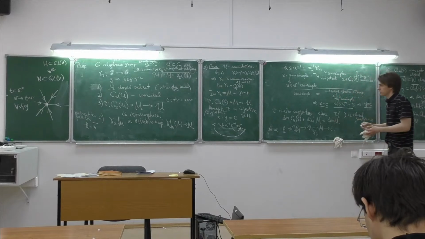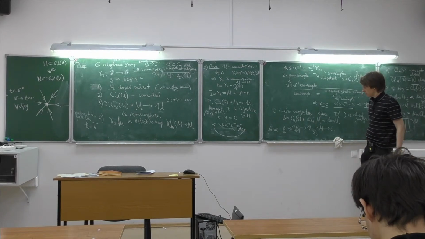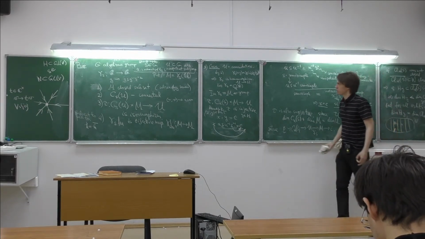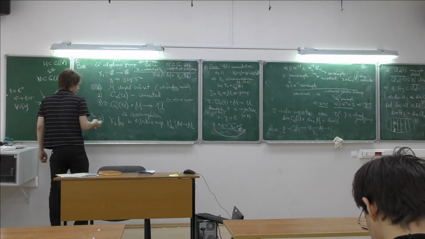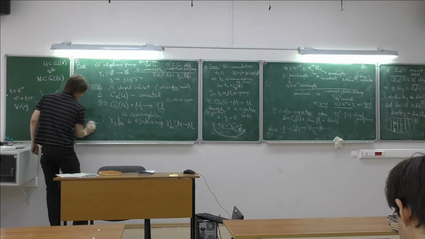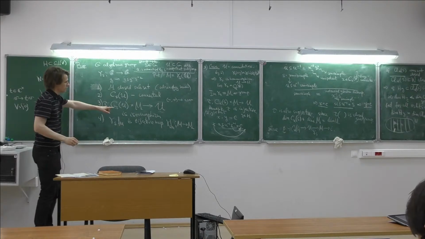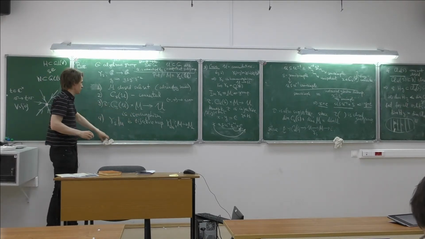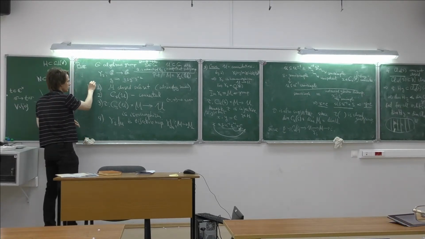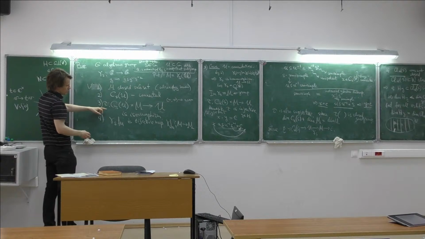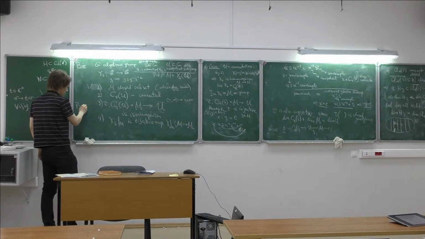But this was the special case where U was commutative, but it was quite important. Notice that this we already know, and we shall prove 3 plus 4 here.